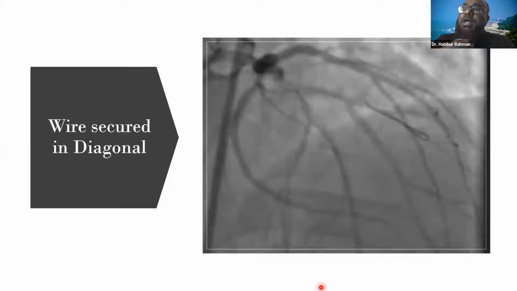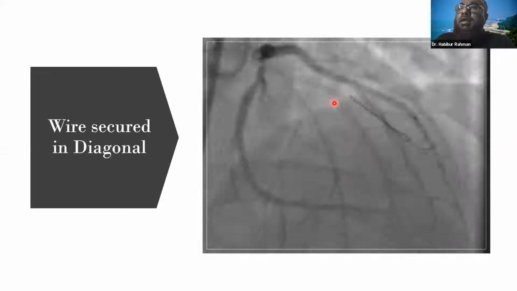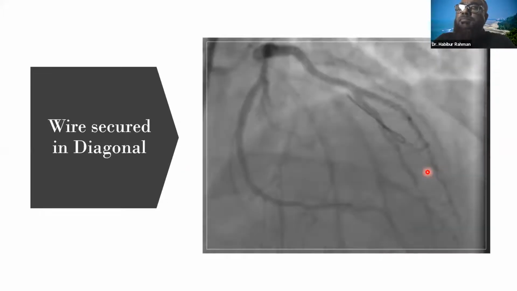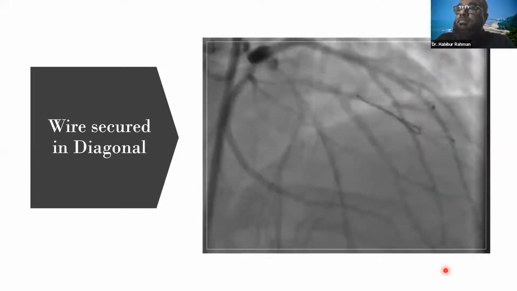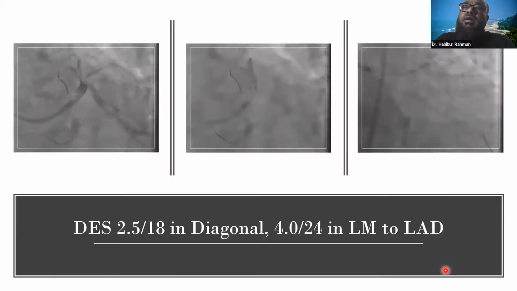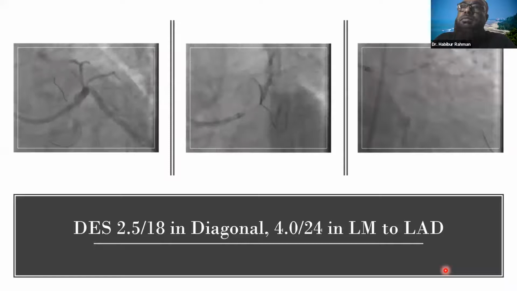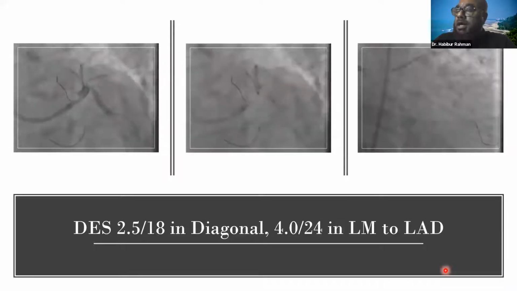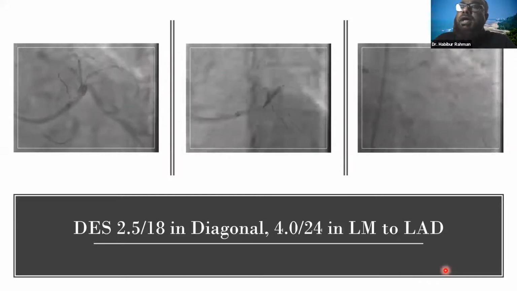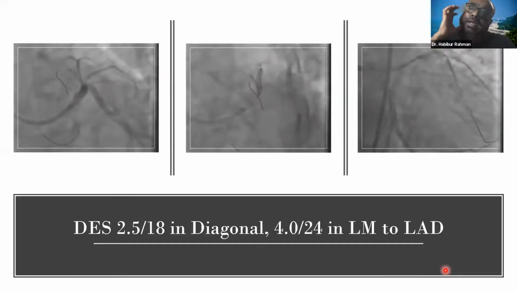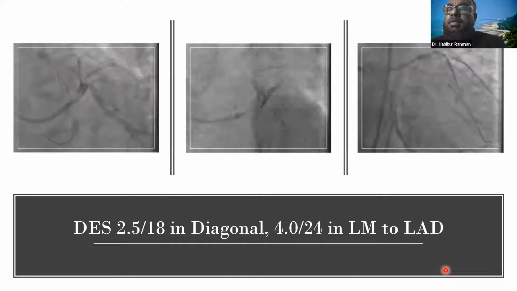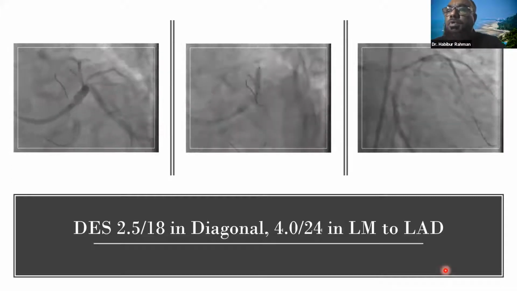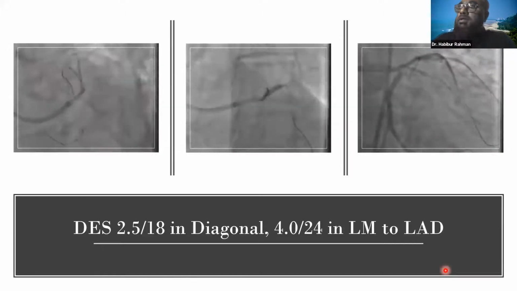So we first wired down the LAD and diagonal, and mini crush setting was done in diagonal and LAD. In the diagonal, it is 2.5 by 18, and in the LAD, from left main to LAD, is a 4 by 24 DES.